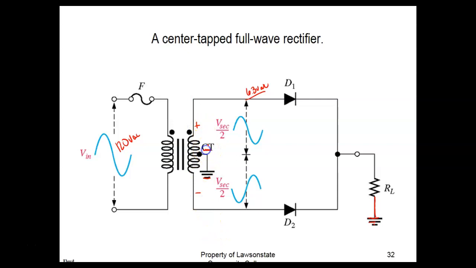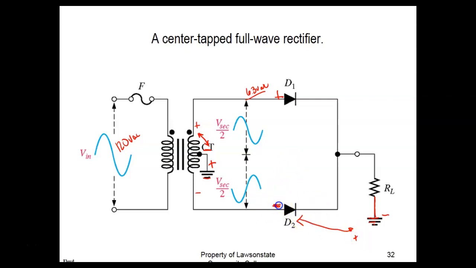This would be minus relative to this guy, and this would be plus relative to this guy. So that's going to be a plus here. This is going to put a minus here. And this is going to be a minus here, and then this is going to be a plus here relative to this guy. Let's do it this way.